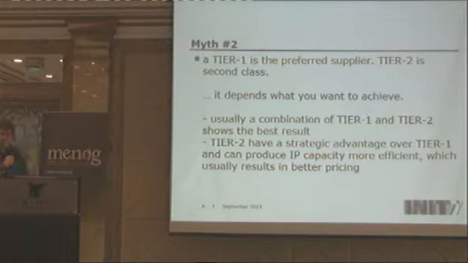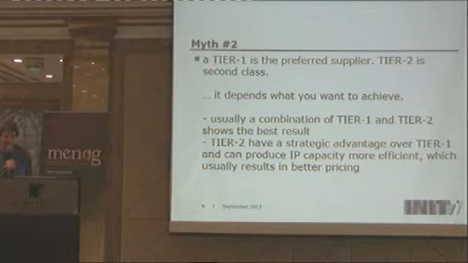There's another myth. A tier 1 is the preferred supplier. Tier 2 is second class. This is also not true. It depends what you want to achieve. Usually, and I see this from the experience we have in the last years operating networks, usually a combination of tier 1 and tier 2 shows the best result.